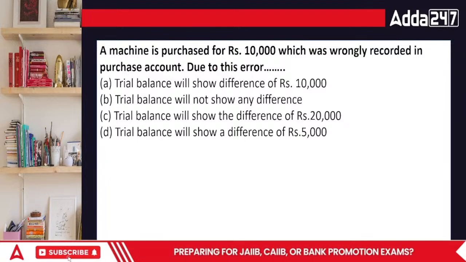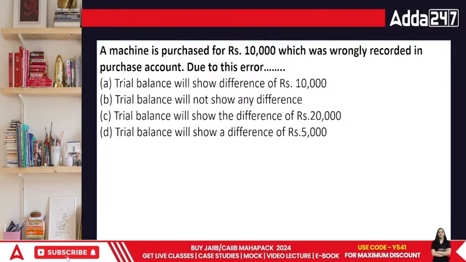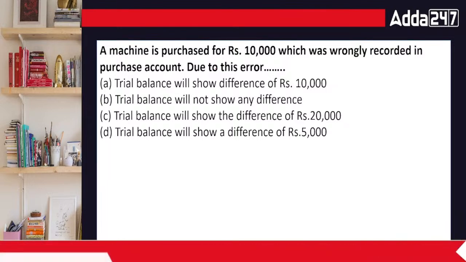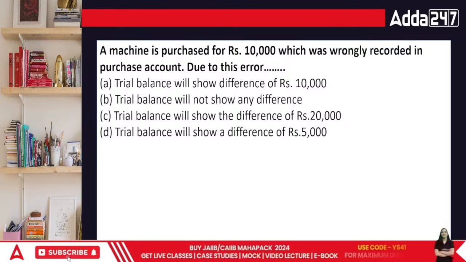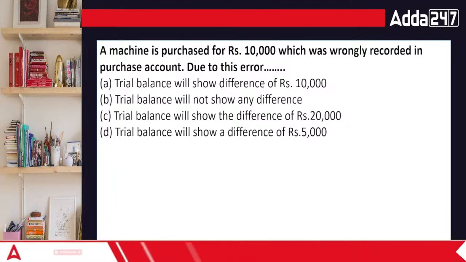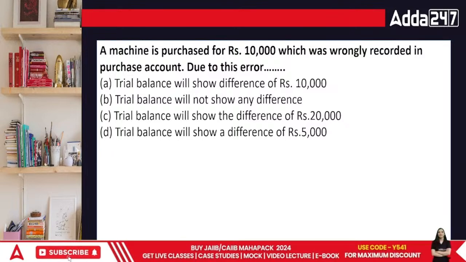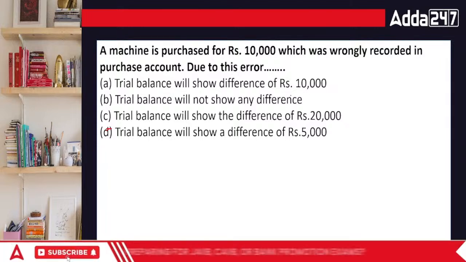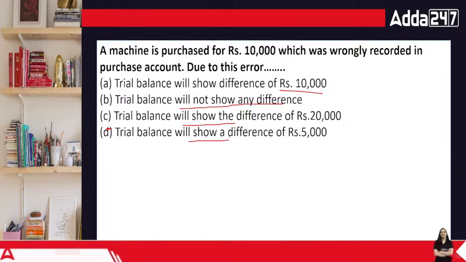This is an error of principle overall. Error of principle simply means an expense noted as a specific area. It is basically an asset which is noted as an expense. A machine is purchased for rupees 10,000 which was wrongly recorded in the purchase account, right? The trial balance will show the difference of rupees 10,000, or the trial balance will not show any difference, or the trial balance will show the difference of 20,000, or a difference of 5,000.